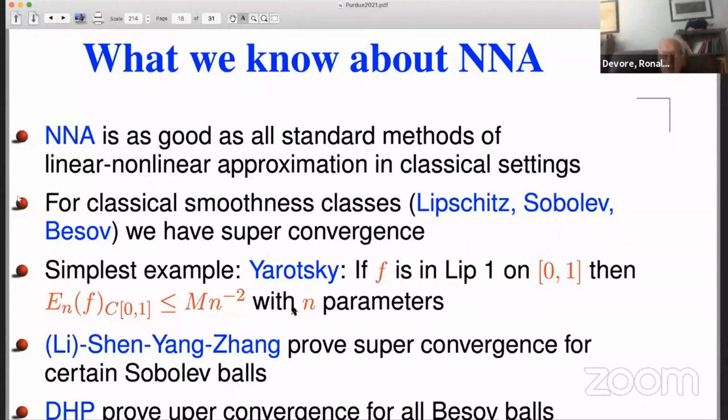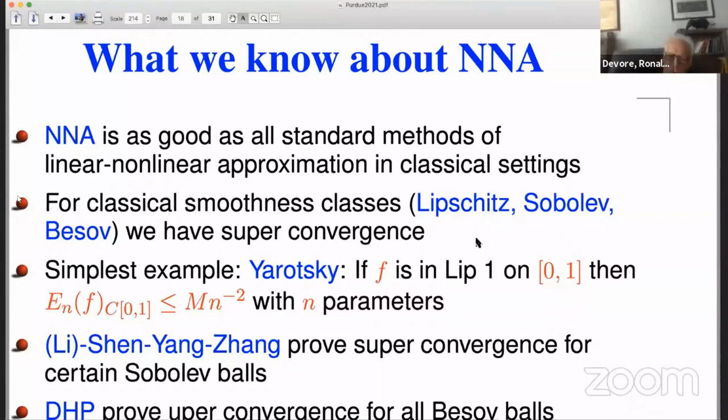Namely, that we know that neural nets can do a better job than classical methods. First of all, it does at least as well as classical methods of approximation, by which I mean polynomials, splines, wavelets, and the like, finite element methods. Anything that those methods can do, you can prove that neural nets with the same number of parameters or the same complexity do as well.